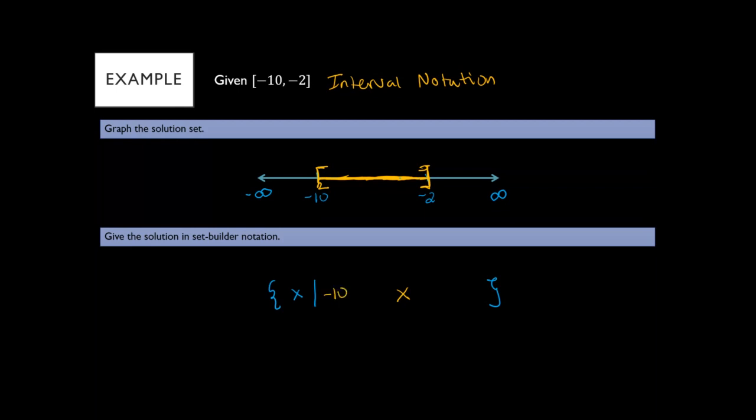And then I've got -10 and -2 on either side of this X. So this is a compound inequality. And so when we've got a compound inequality, the brackets, either bracket, they always go to less than or equal to, but only for compound inequalities. So I'm going to replace these with less than or equal to symbols there.